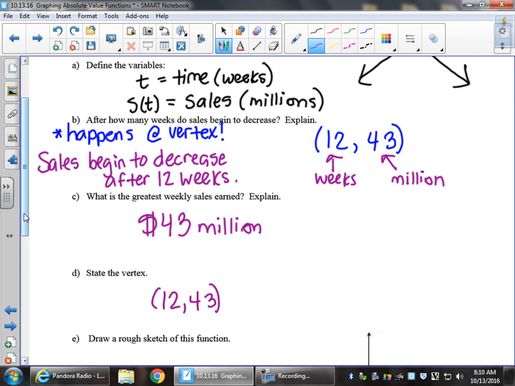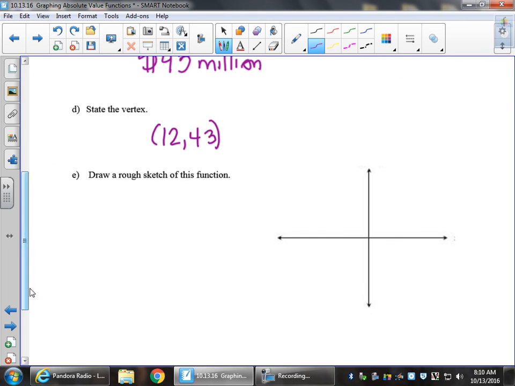And now we're asked to draw a rough sketch. So literally rough sketch. So (12, 43), somewhere right there. And you already know two pieces of information about the graph. See if I can get it to look even a little wider than that.